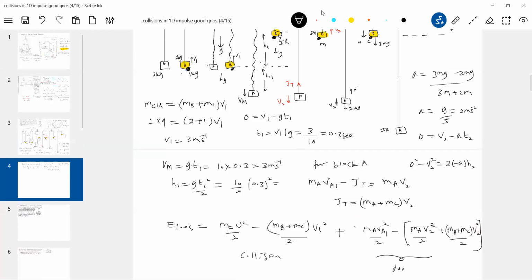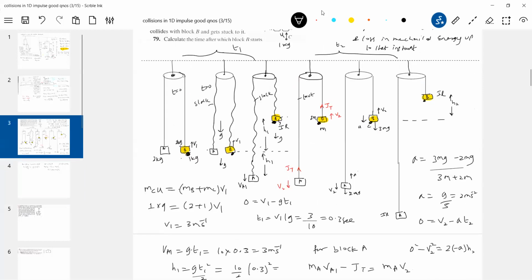Due to change in tension, there's a loss in mechanical energy. Do calculation later on. Now from taut, the string becomes slack, no loss in energy. It's very clear.